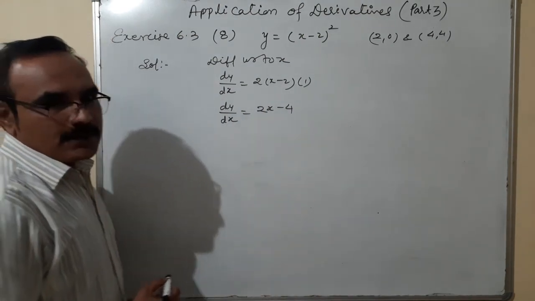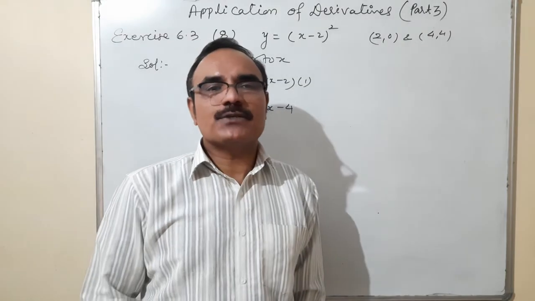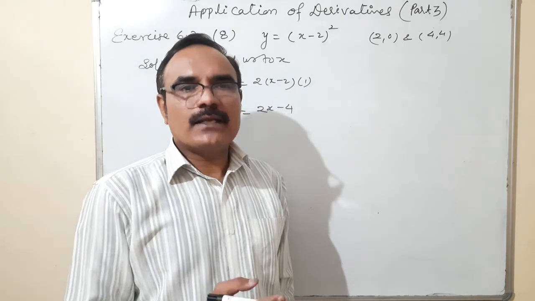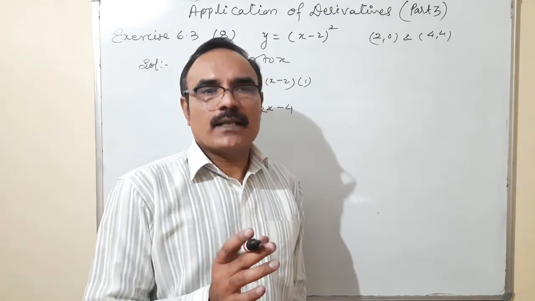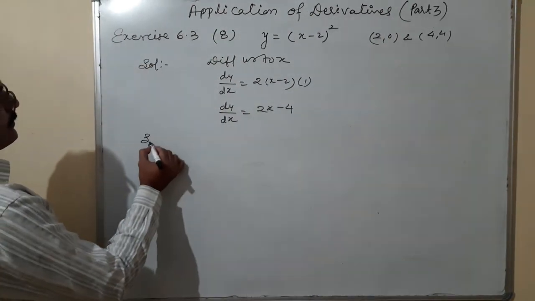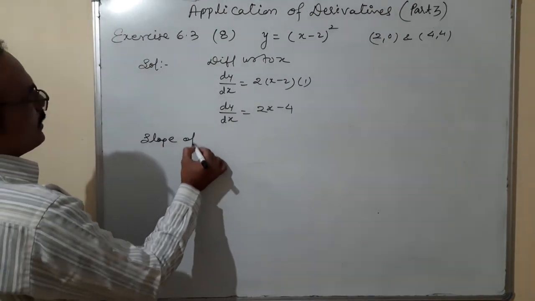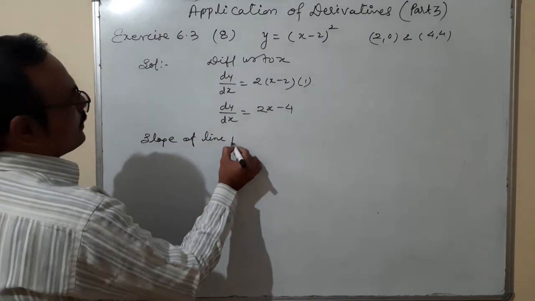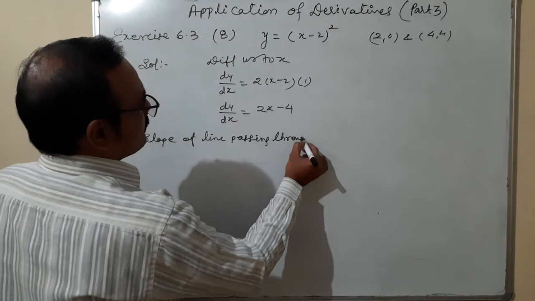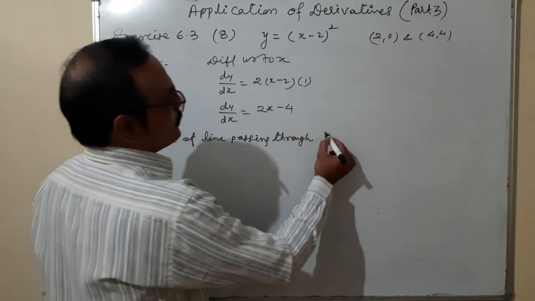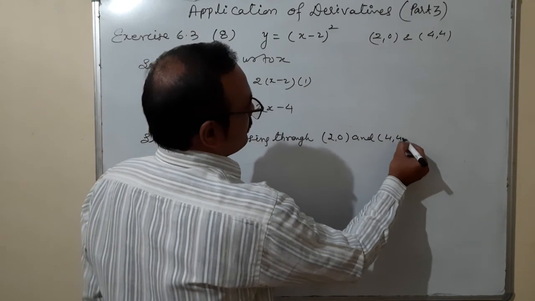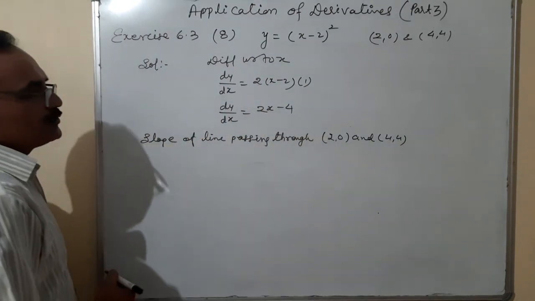In class 11th you have studied a formula: the slope of the line passing through 2 points. Slope of the line passing through (2, 0) and (4, 4).